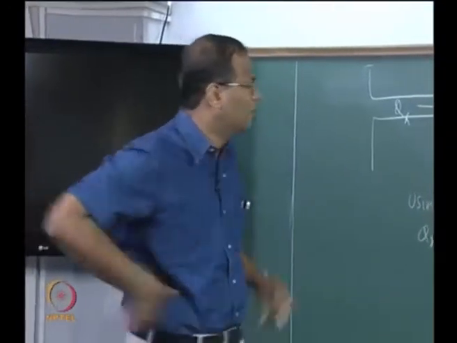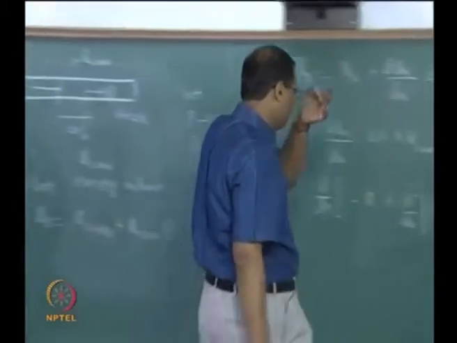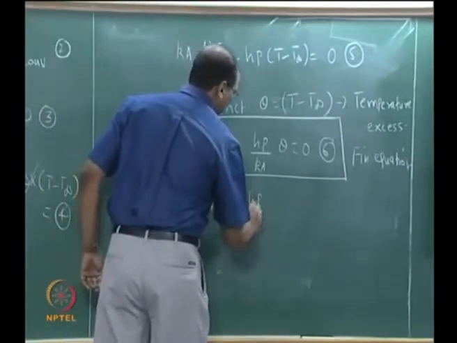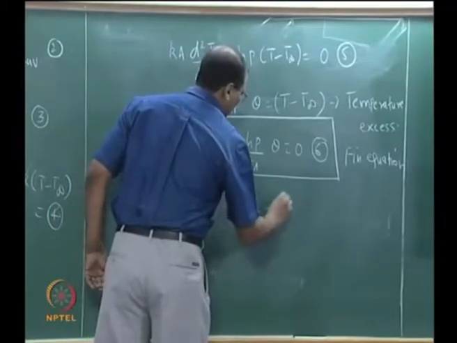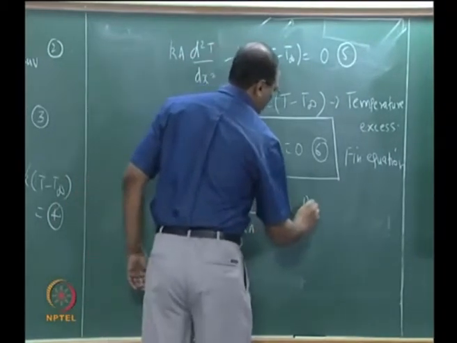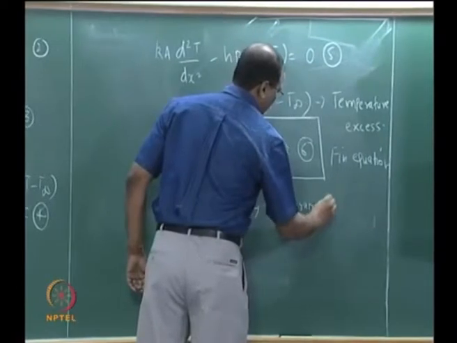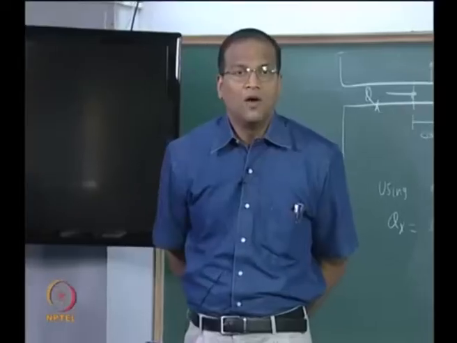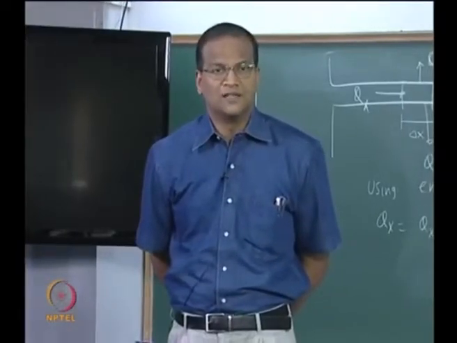Now this hP by kA is called the square of the fin parameter, because the heat transfer coefficient, perimeter, thermal conductivity and area of cross section of the fin, all of these are available before we start the analysis.